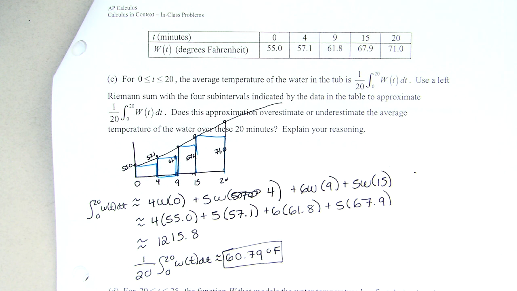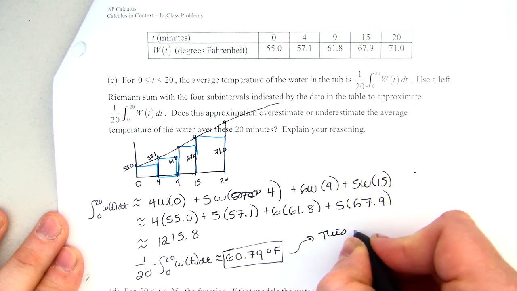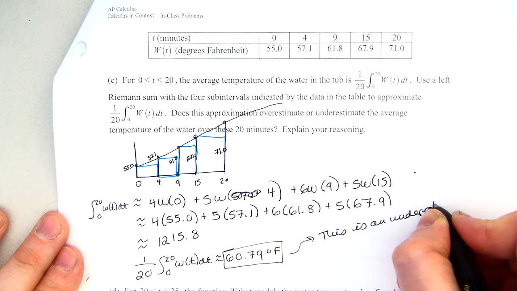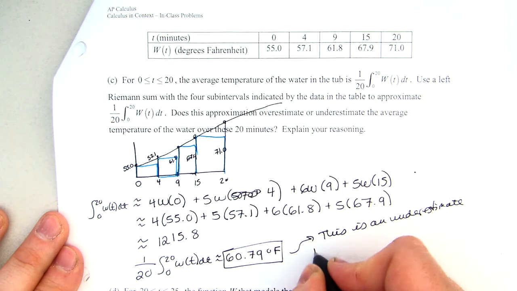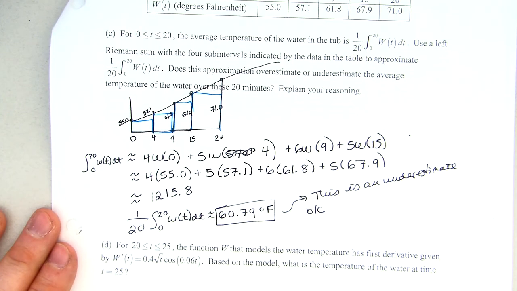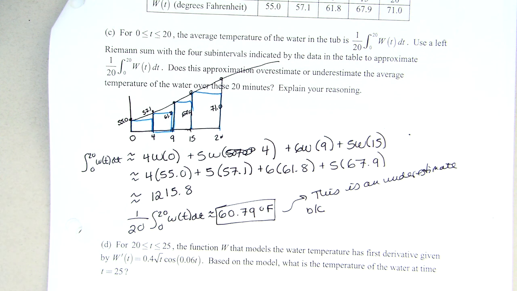Okay, so this goes, again, back to stuff we did earlier in the year. There are two things we have to talk about. First of all, this is an underestimate. Because, why? The left. Okay, we're using a left endpoint sum and? Say that again?